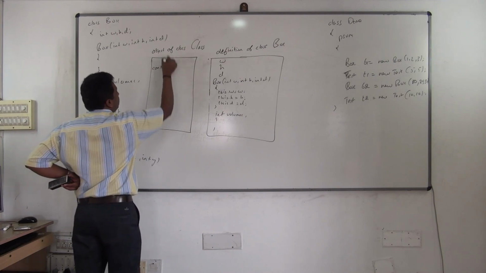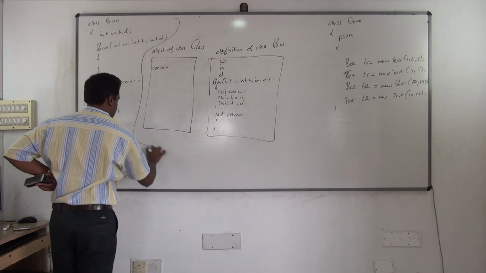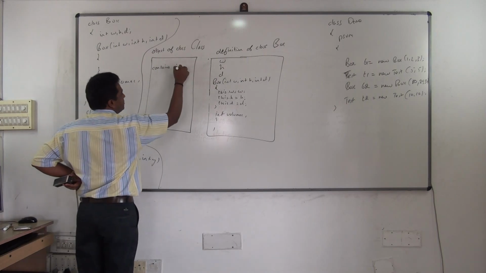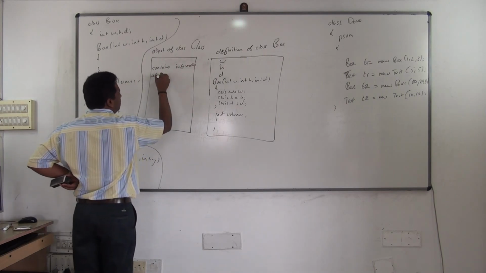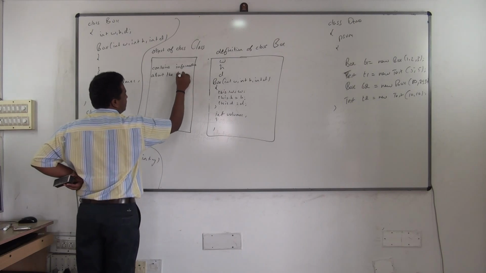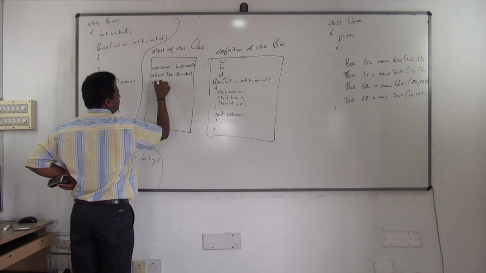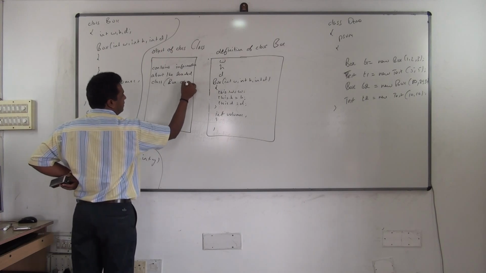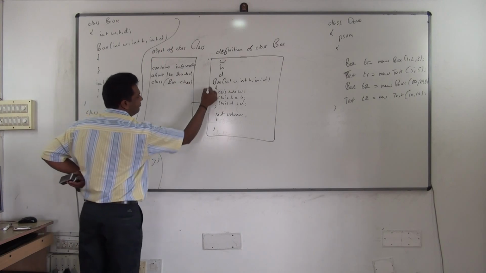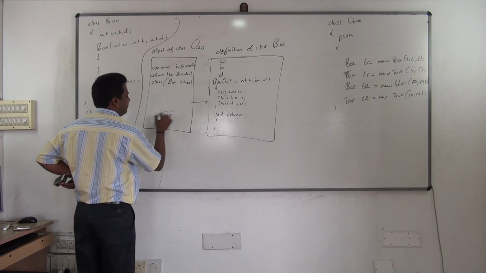What does this object contain? It contains information about the loaded class. Here, which is the loaded class? Box class. It will contain all the information. See, this is containing info, and the address will be something like 555.